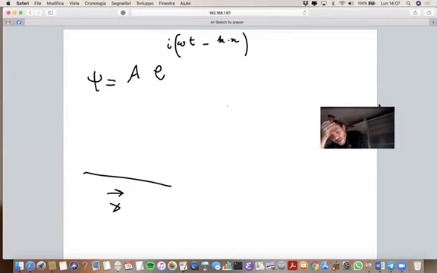I mean, this looks slightly different from the expression v times t equals minus x, but you can pull it off from here. You multiply things, right? And you multiply this by k, and you call this omega, and you get back this equation.